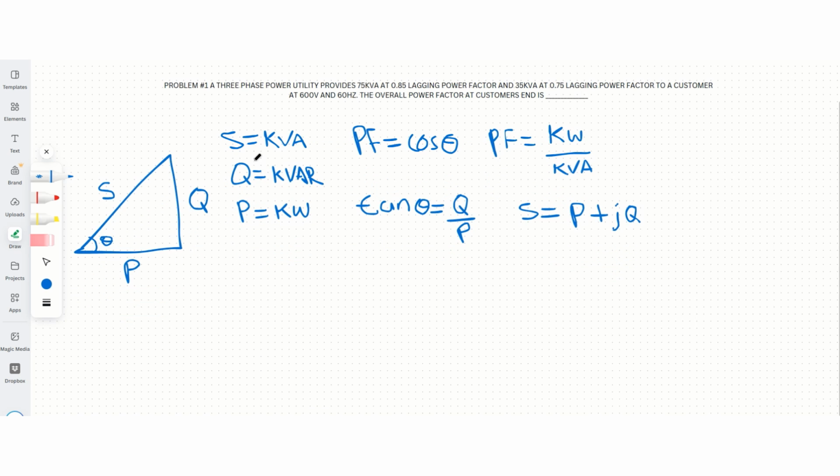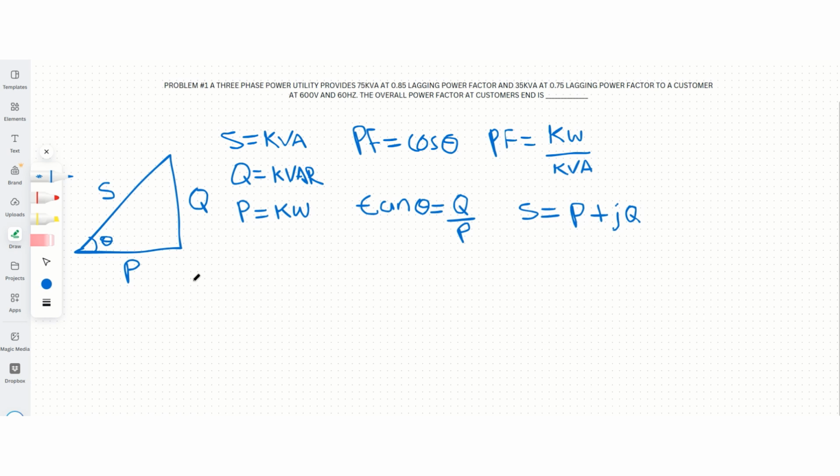We're going to start with this 75 kVA at 0.85.